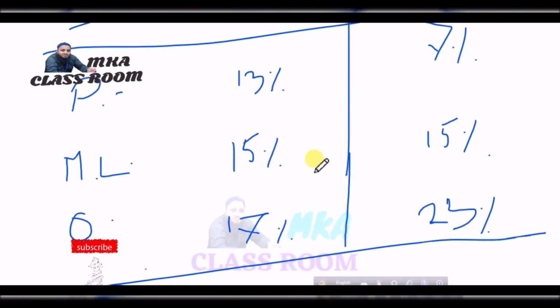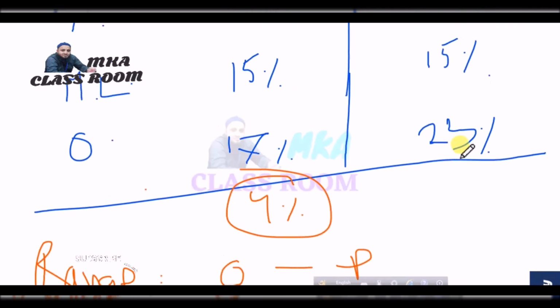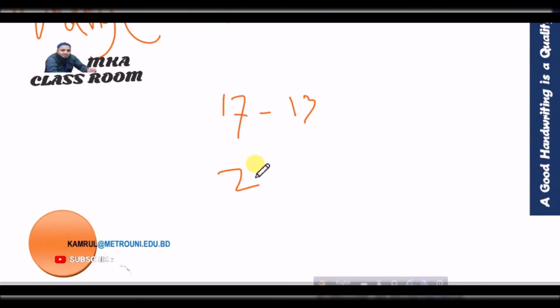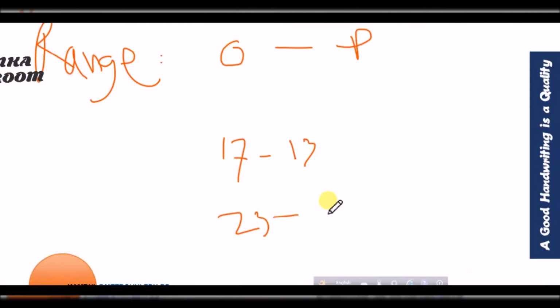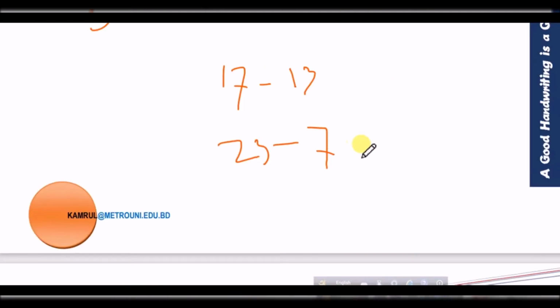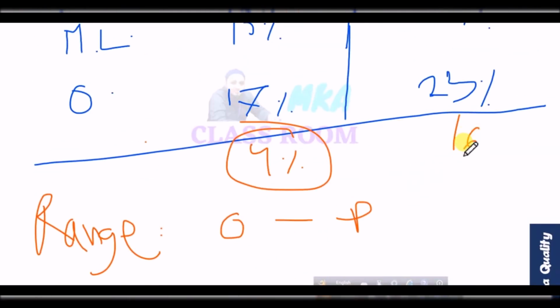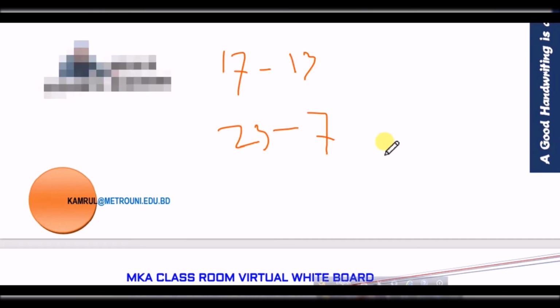So what will happen? 4%. The range is 4%. For asset B, 23 minus 7%, so that is 16%. If we subtract 7 from 23, we will get 16.